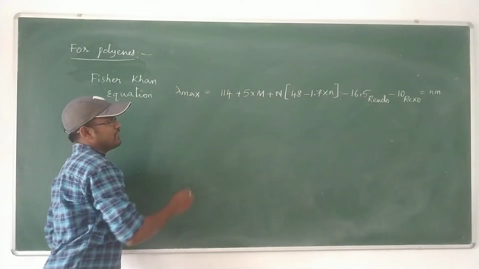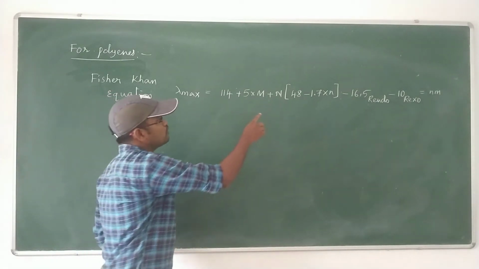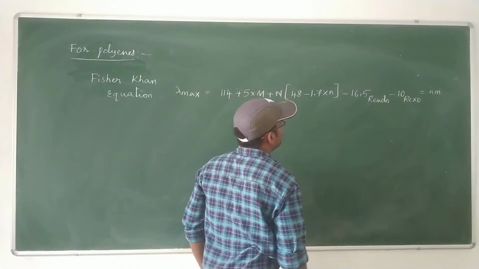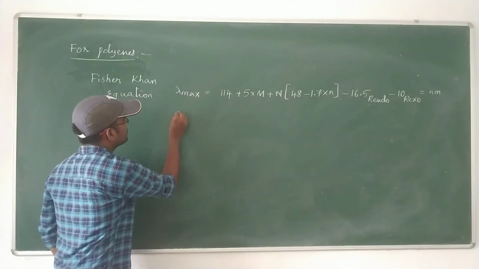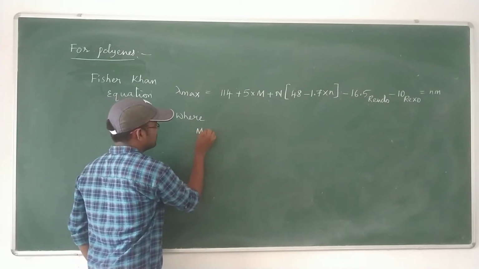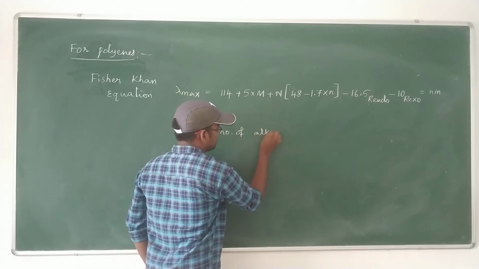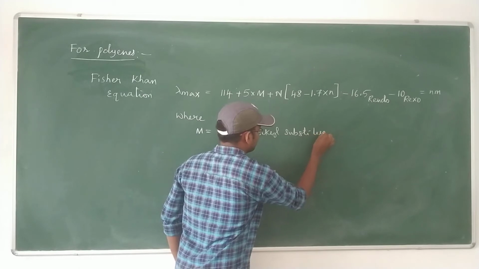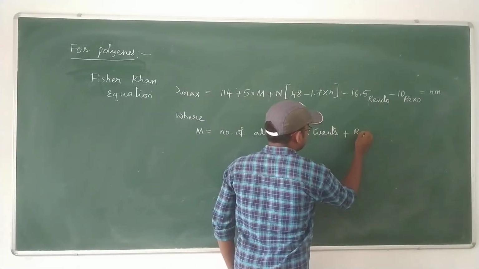Lambda max is equal to 114 plus 5 into m plus n into 48 minus 1.7 into n minus 16.5 R endo minus 10 R exo, where m is equal to the number of alkyl substituents plus ring residues.